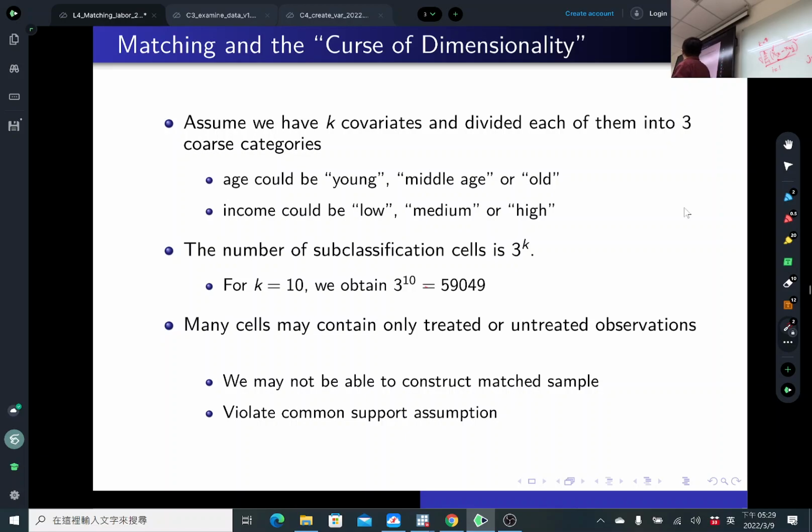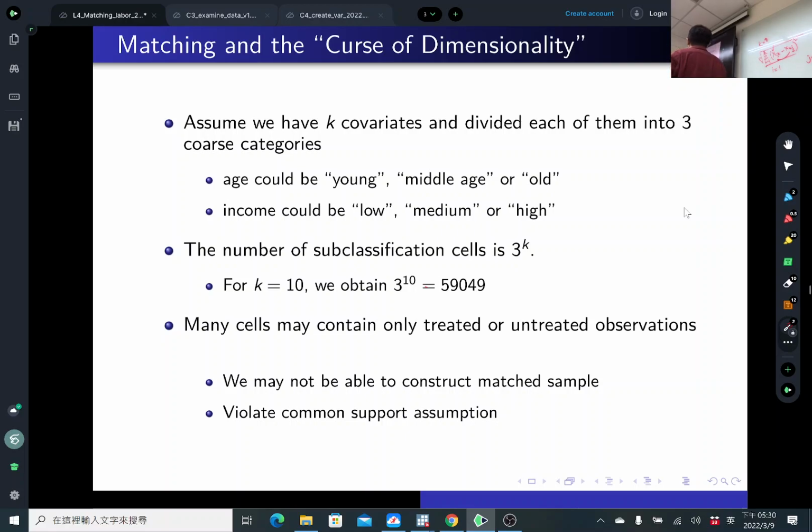So the number of classifications is 3 to the power k. If you have 10 variables, how many categories do you have? It's not 9, it's 3 to the power 10. It's about 60,000. There are 60,000 groups. You need to try to find someone within that category in the control group.